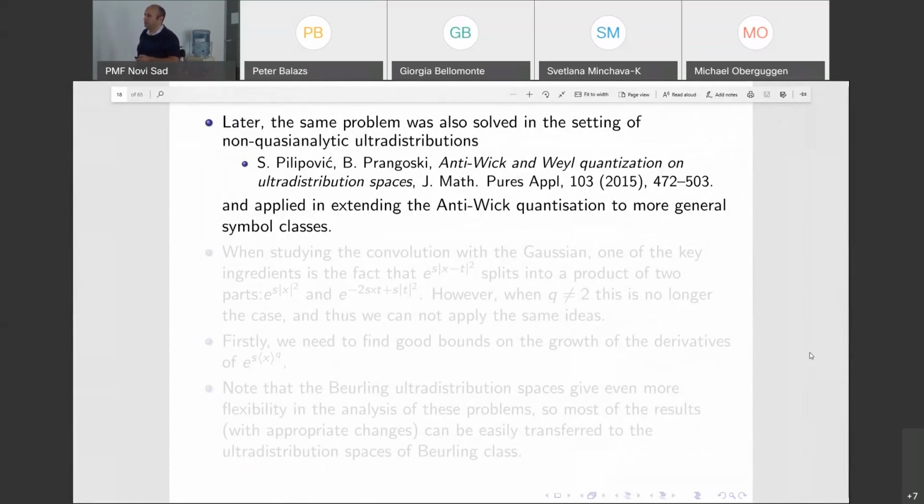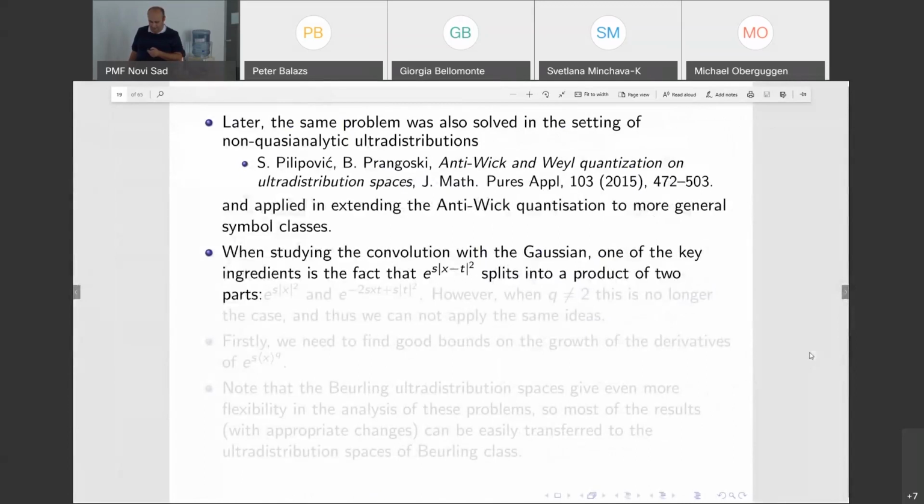And therefore they were able to give a wide class of ultradistributions that are convolvable with the Gaussian. And then there's a thing that comes in handy, because this kernel, which is of course involved in the convolution, can be split into a product of two parts.